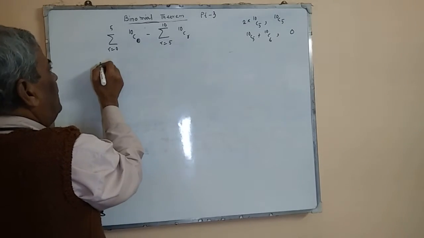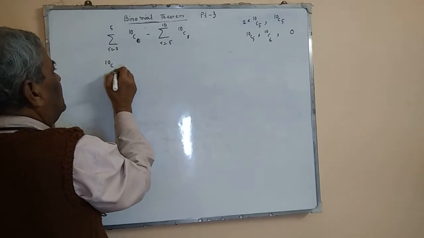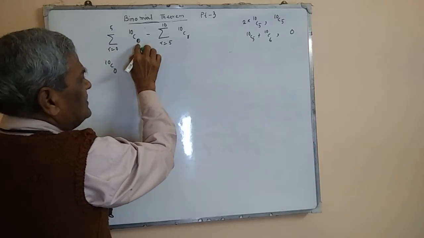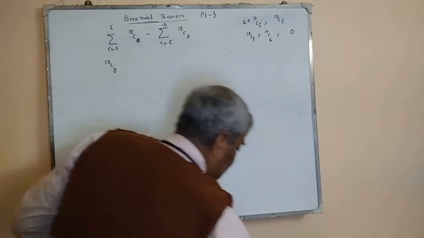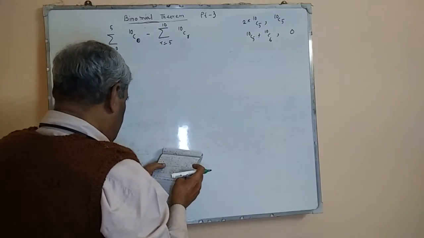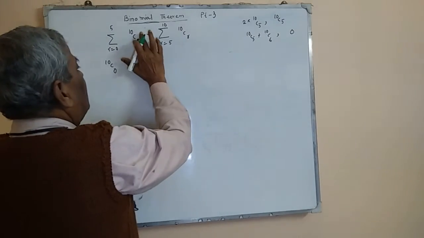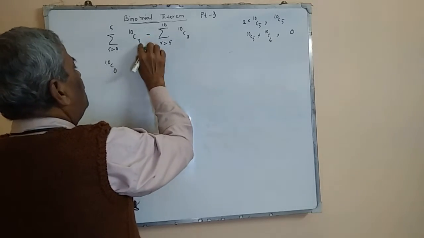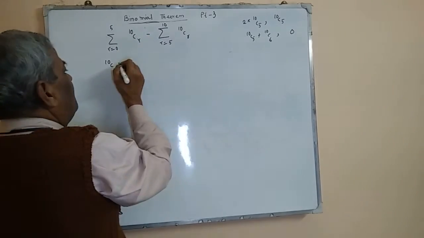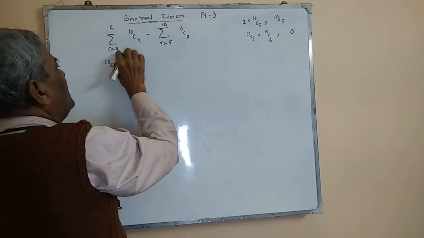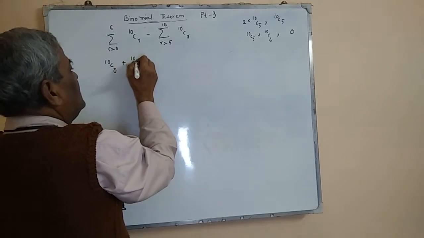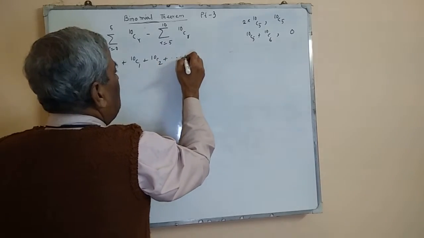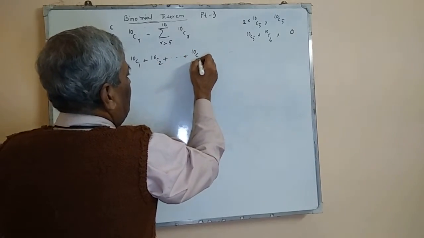Expanding, this is equal to 10C0. I think it is r. Just 1 minute. This is r. Putting r equal to 0, this is 10C0. Then the next higher term means r equal to 1, plus 10C1 plus 10C2 up to 10C5.